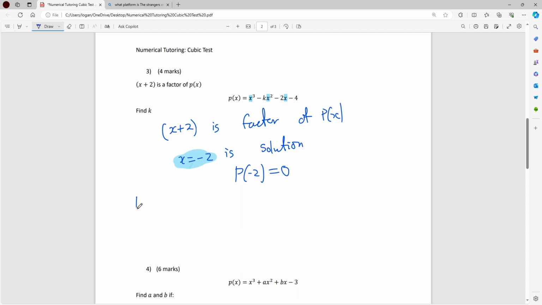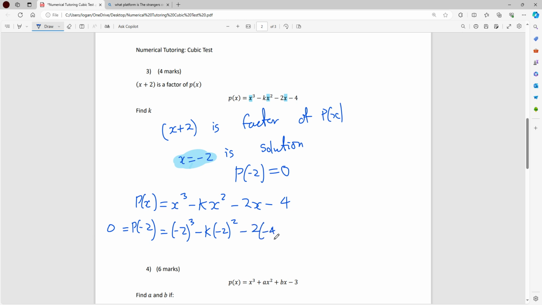So if we wrote p of x equals x cubed minus kx squared minus 2x minus 4. If you substitute p of negative 2, the left hand side of this equation should be 0. So you'd have negative 2 cubed minus k times negative 2 all squared, minus 2 times negative 2 minus, oh, I wrote negative 4 by accident, so it's a negative 2 minus 4, okay?